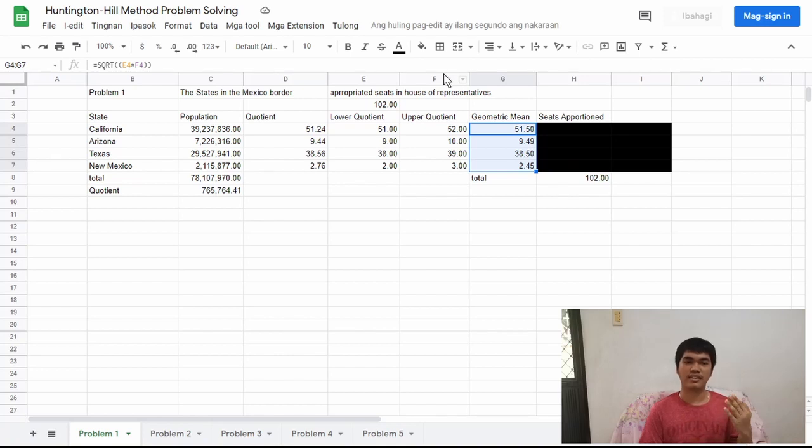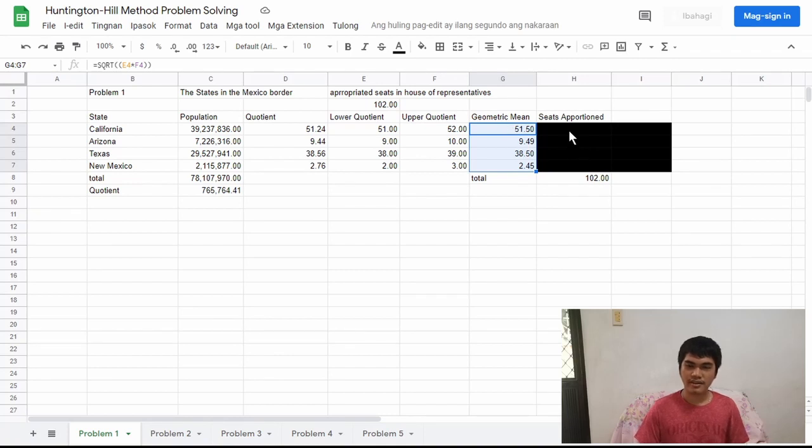If the geometric mean is higher than the quotient, then you will use the lower quotient.